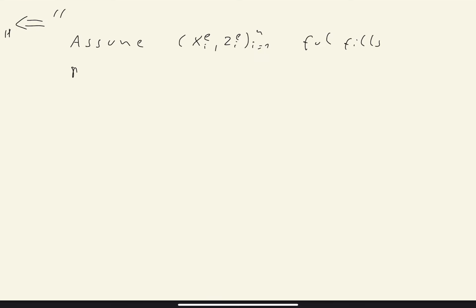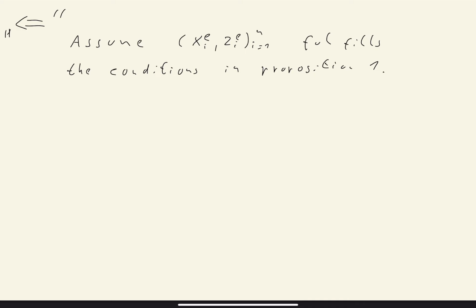Or let's state it differently: assume that this allocation fulfills the conditions in proposition 1. Okay, that's the starting point.